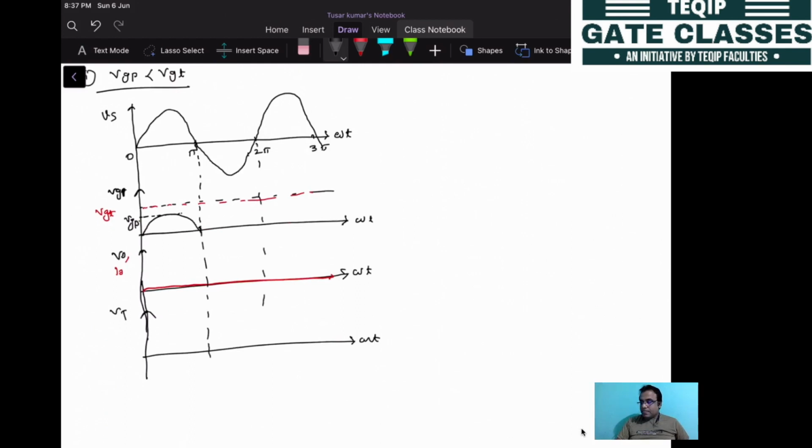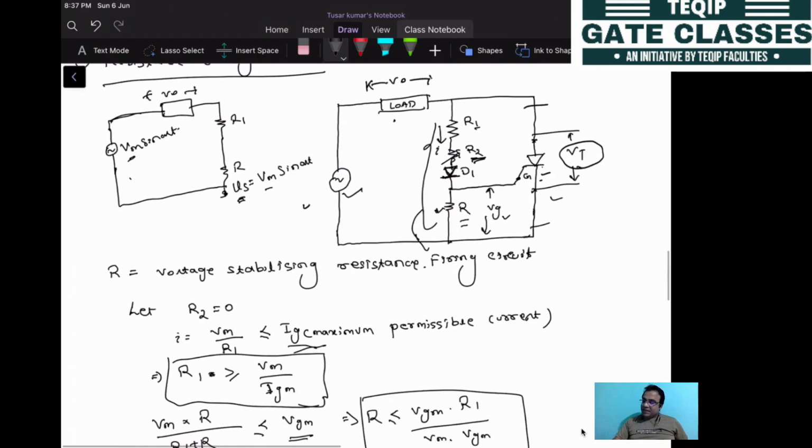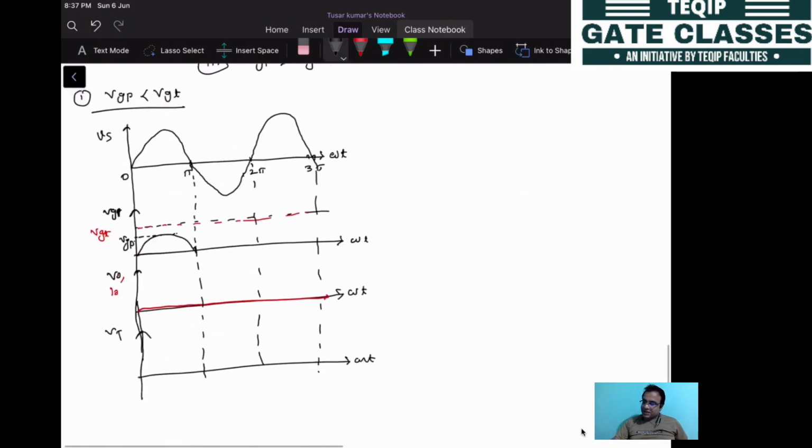Look at the variation of Vt: as the gate firing circuit has not successfully switched on the device, the total supply voltage will appear across the device. So this supply voltage Vs will be appearing across Vt. Vt will be the same as your Vs, so you can plot it like this.